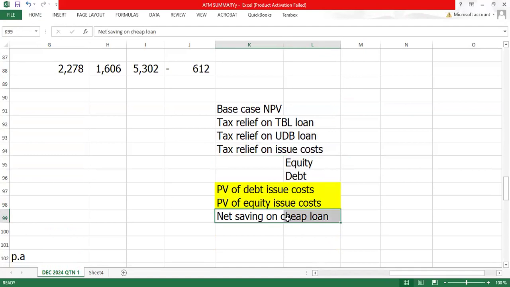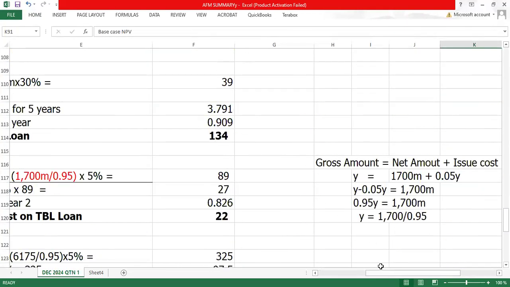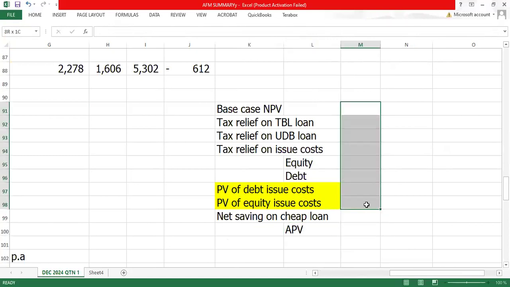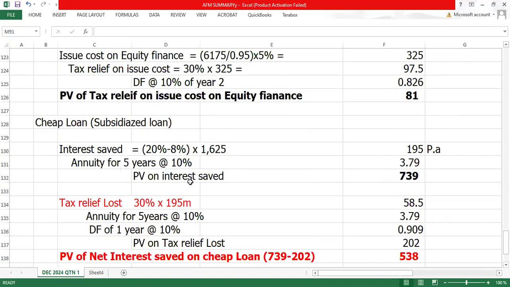The net saving on cheap loan is also a credit. So all other things are positives. Best case NPV, if you had a positive, you put it as a positive. And sum up. What you get will be your APV. You just place your figures here, because we have everything now.